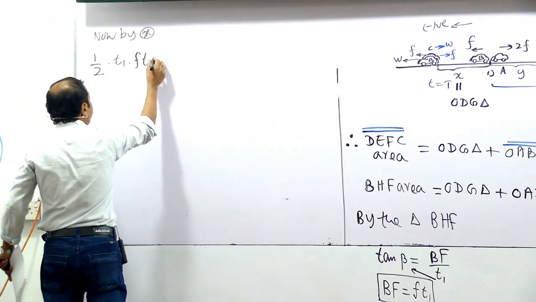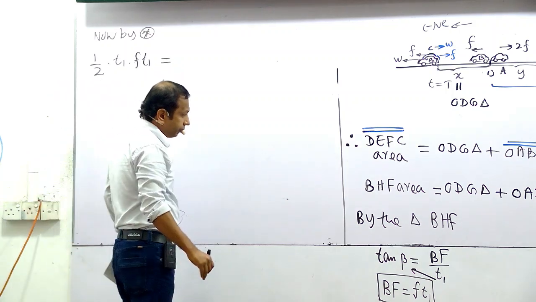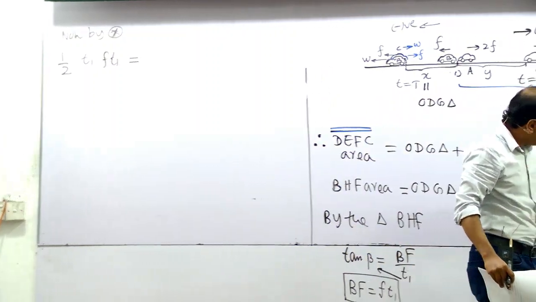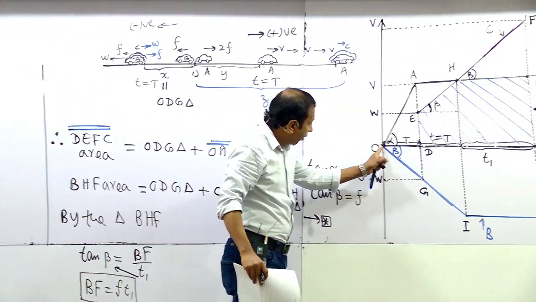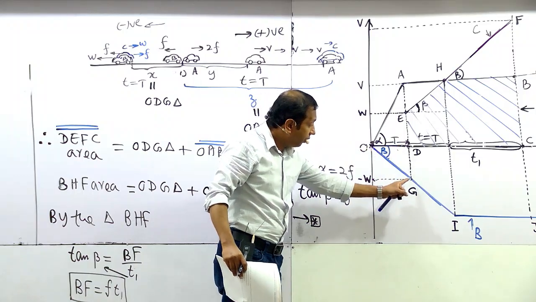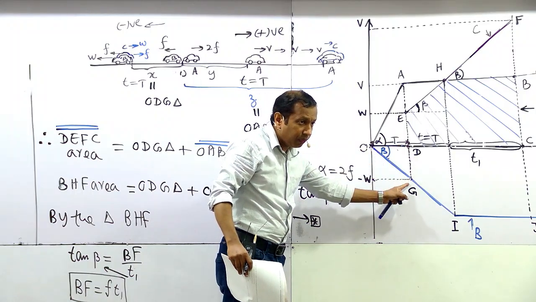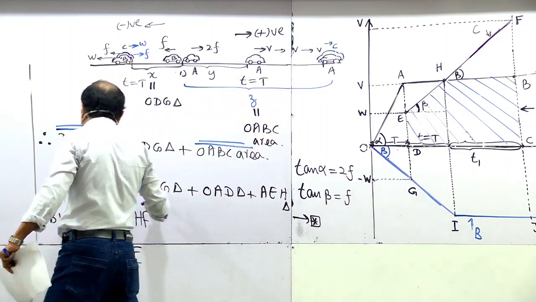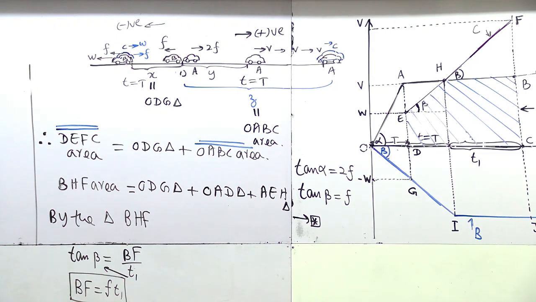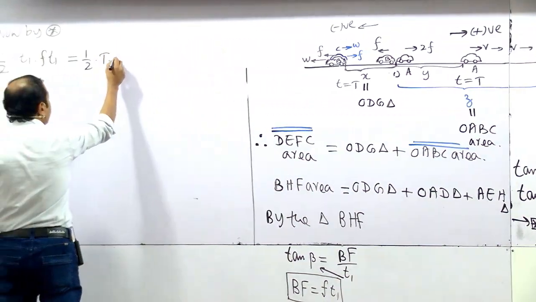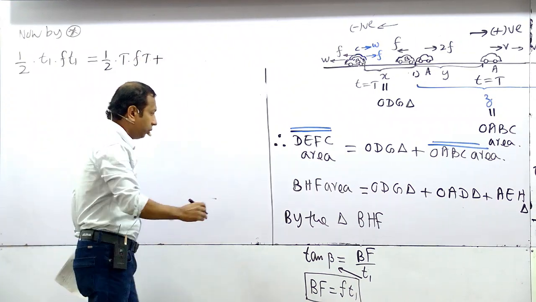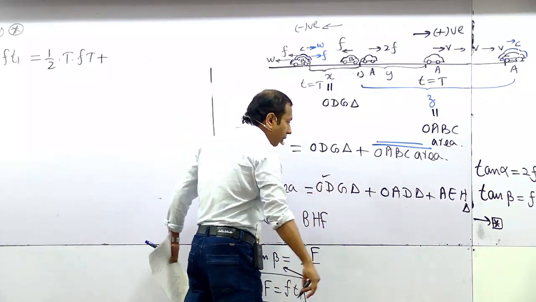That's fine. The ODG area, this: half base is T, and this height W we found earlier is FT. Don't put a minus sign there. This is okay.